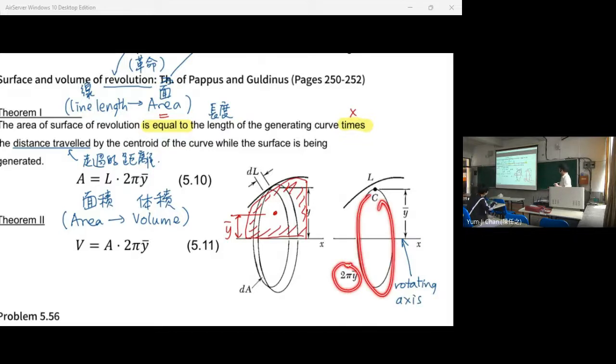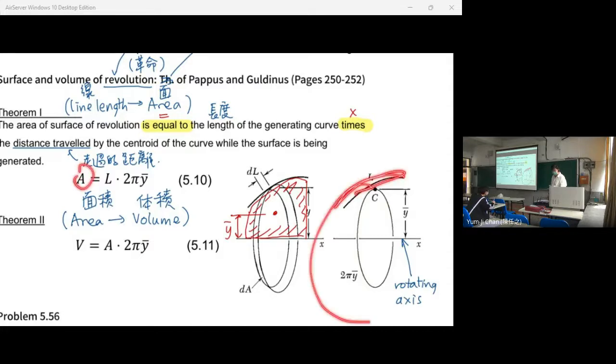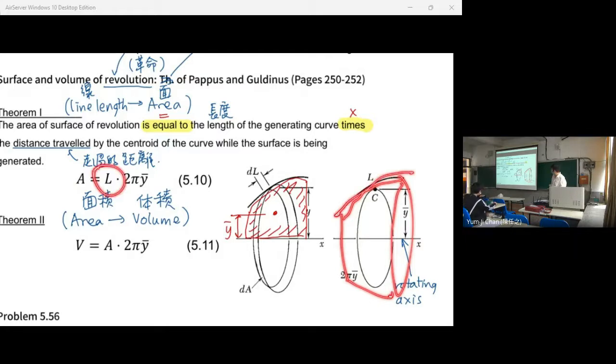I think this is clear. So if you want to get the area by generating something like this, then it is equal to the length of the generating curve times the distance traveled by the centroid.